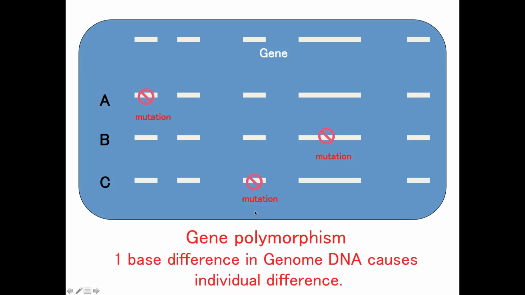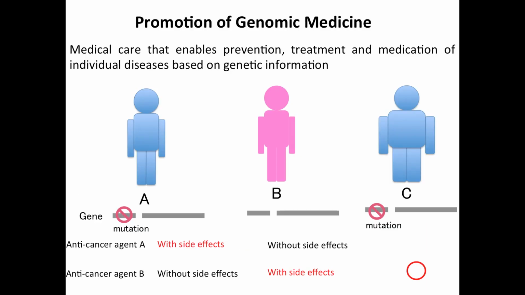It's called genome polymorphism. Gene polymorphism means a one-base difference in genome DNA causes individual difference. This information is very important for the medical area, and this genome information promotes genomic medicine.